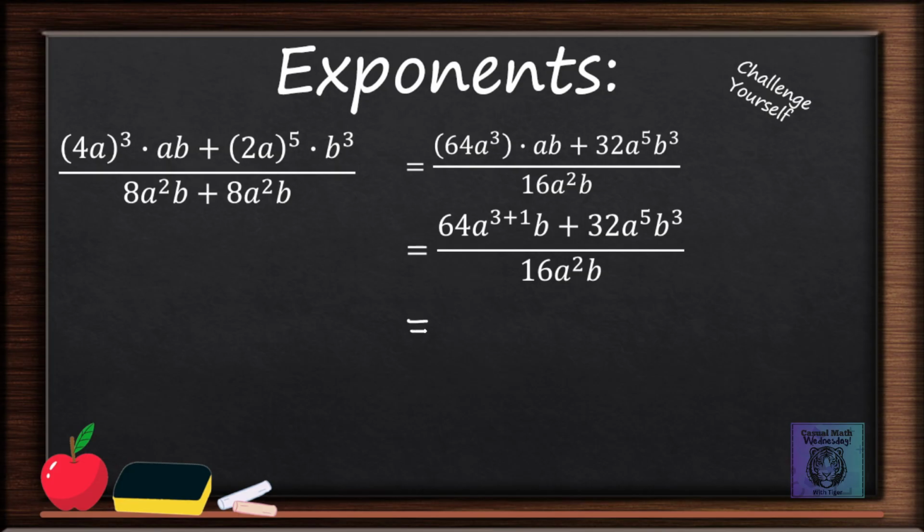And the same as the previous problem that we did, we go and split the bases. So I'm doing 2 steps here in one. So we say 64a to the power of 4 for the 3 and the 1 there, b over 16a squared b, plus 32a to the power of 5 b to the power of 3 over 16a squared b.